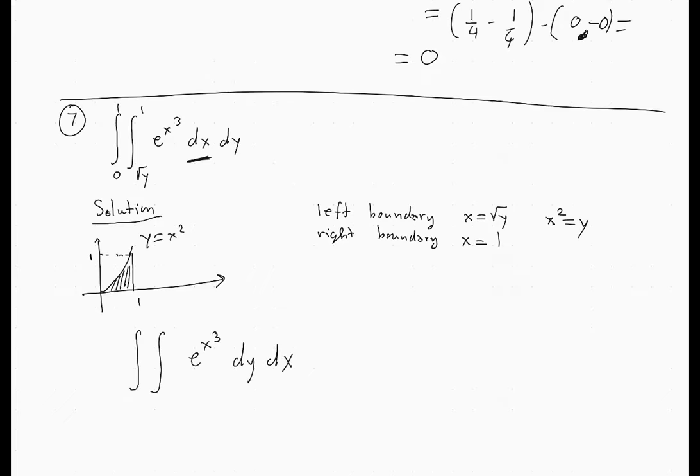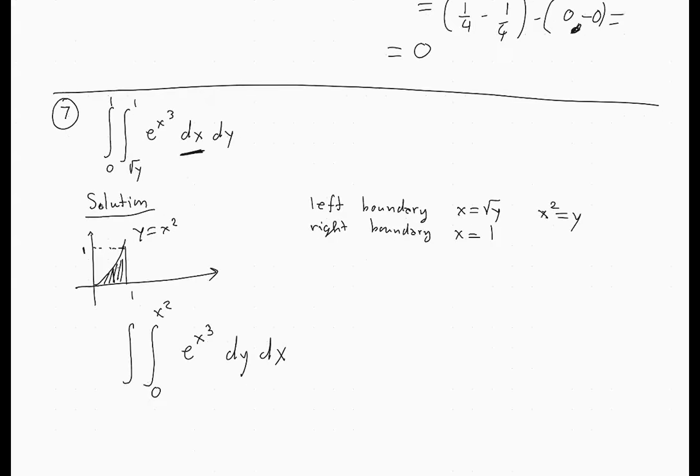So you do vertical integrations, and the horizontal range of all these vertical integrations is from 0 to 1. And that's your double integral.